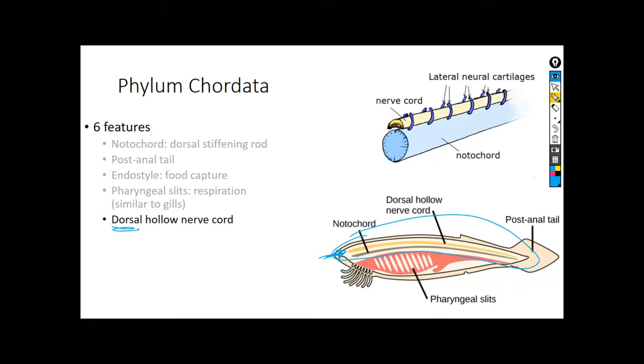So what we have here is a pre-centralized nervous system, a centralized area where all of the nerves in our organism are coming together to send and process stimuli.